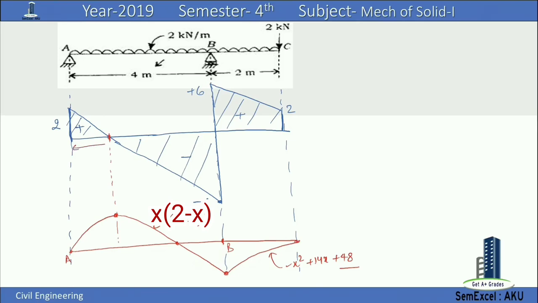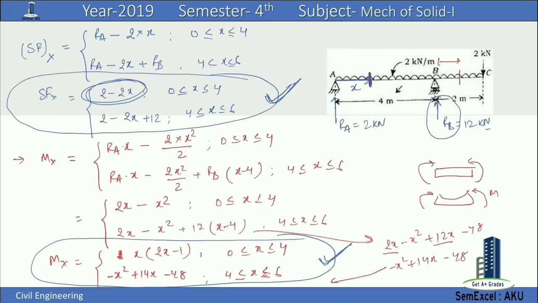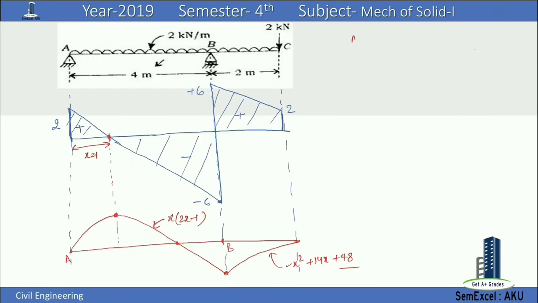This is the point, this is x equal to 1. To get the maximum moment, we have to find the maximum value of x into 2 minus x.